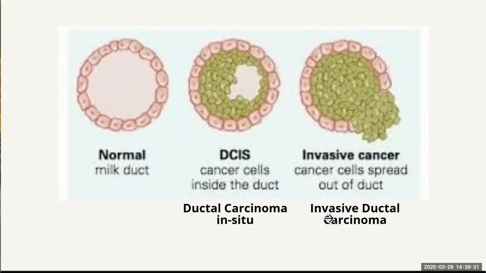Same pattern, same template, just different in terms of this is ductal, the other one was lobular, but both have the same concept. So when you see ductal carcinoma in situ, this is what you're dealing with. Once those quote cancer cells come out, they become invasive, and then you get a diagnosis of invasive ductal carcinoma or IDC.